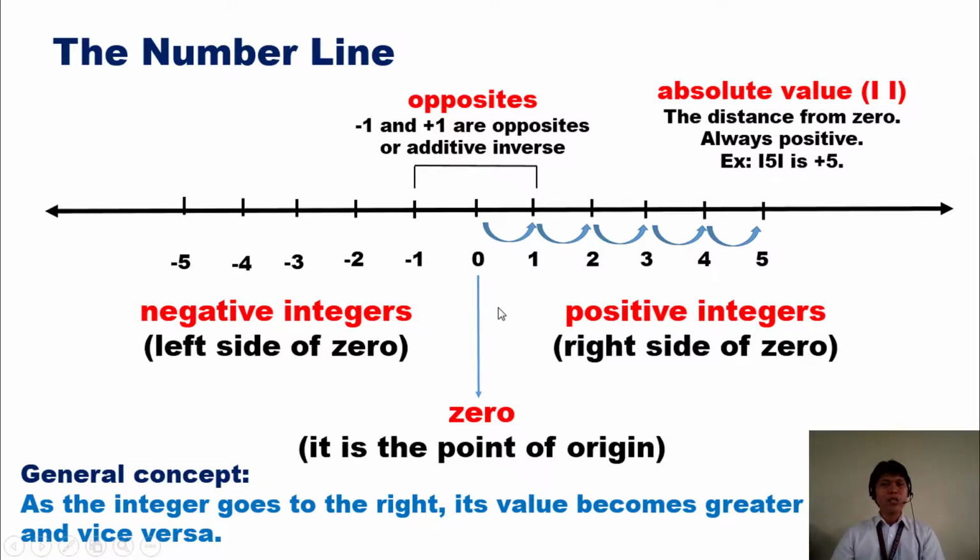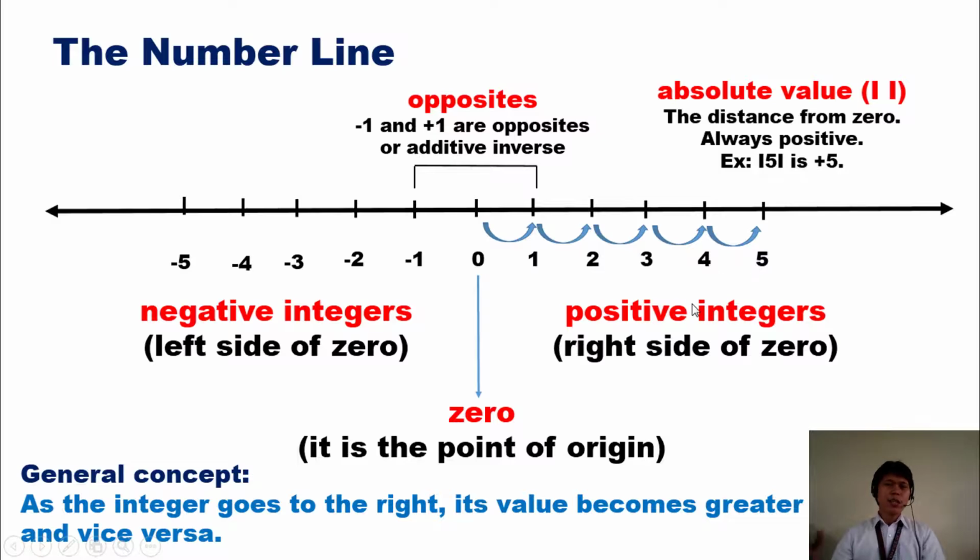So we need to understand the concept that the greater the absolute value of a negative number, the lesser its value, while the greater absolute value of a positive number means a greater value. Okay? So that is the general concept on the use of the number line.